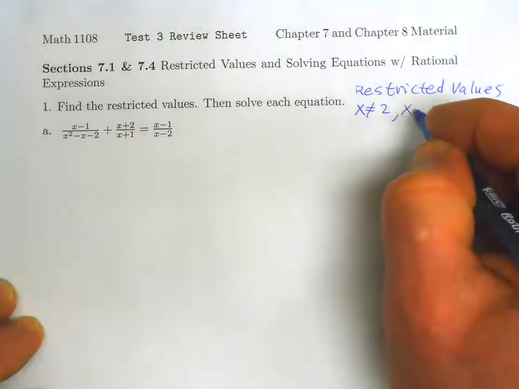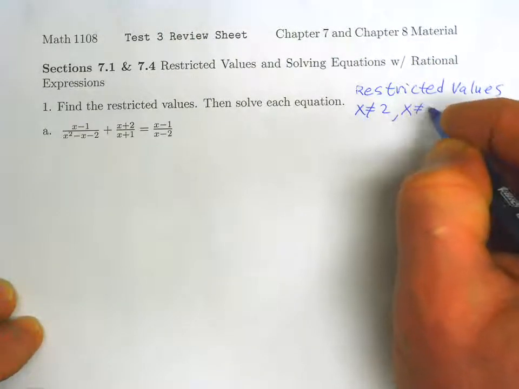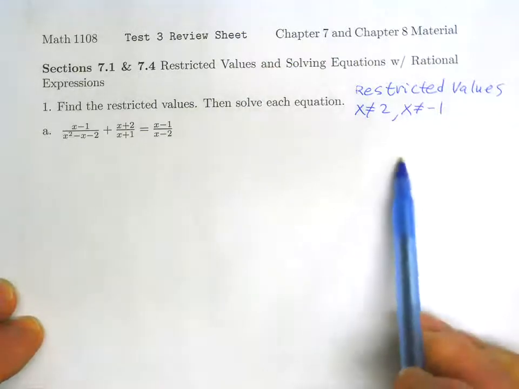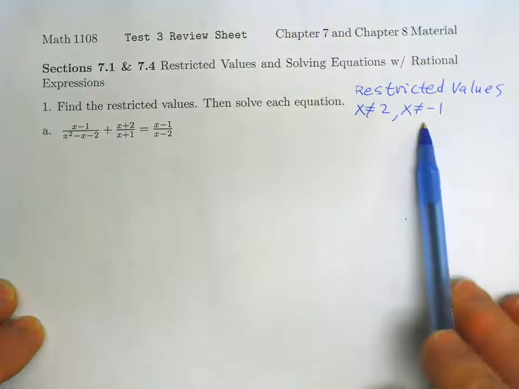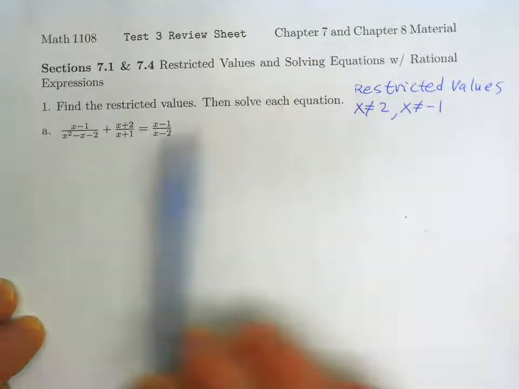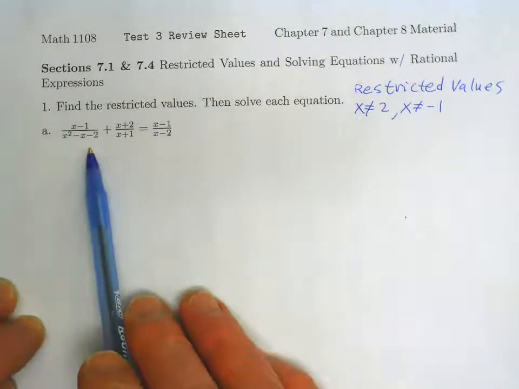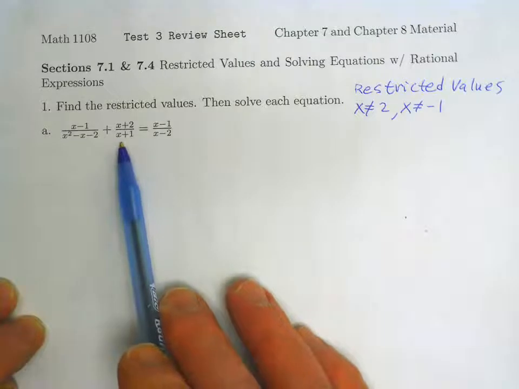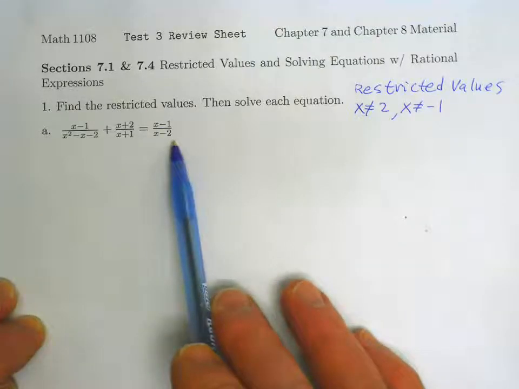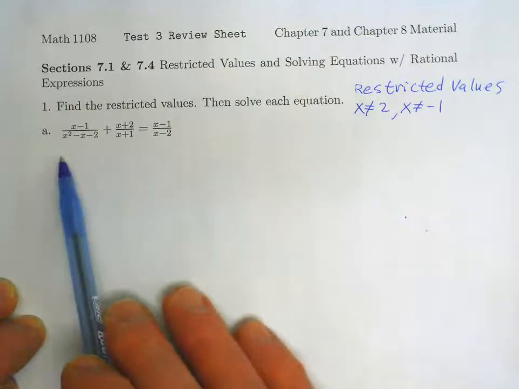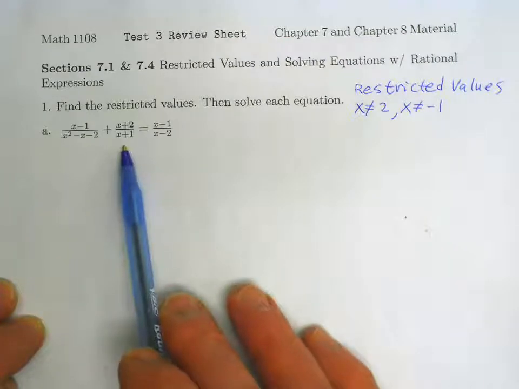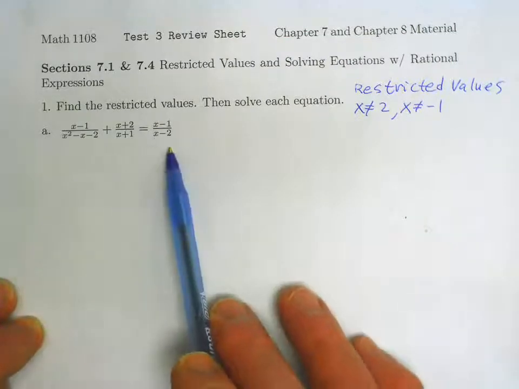So the x value that makes that denominator 0 is negative 1. So the second restricted value is negative 1. And this denominator, x squared minus x minus 2, is just the product of x plus 1 times x minus 2. So we don't get any more restricted values than the 2 that we already have.